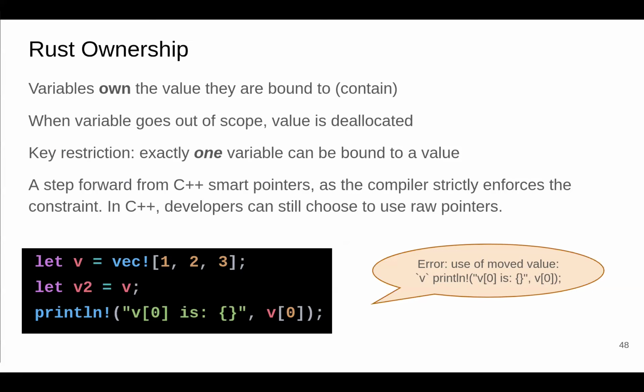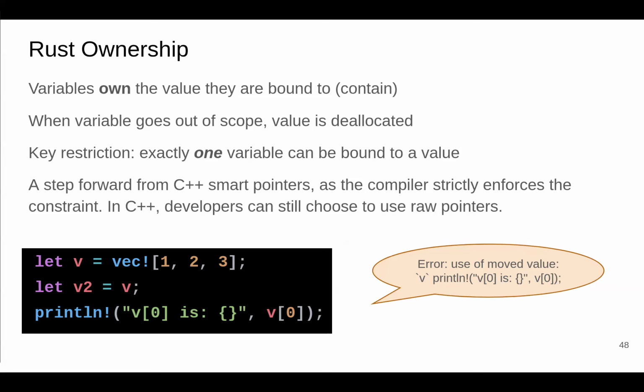So unique pointers and Rust references are pretty similar. It's a step forward from C++ smart pointers as it is mandatory, right? You're forced to have this. And the compiler strictly enforces the constraint. In C++, you can always just cast this into a void pointer and then do anything with it that you want.